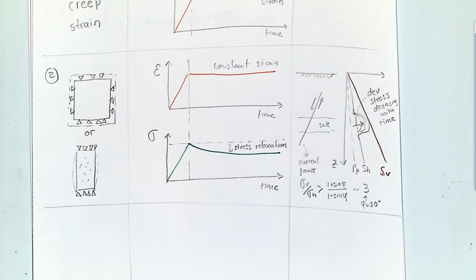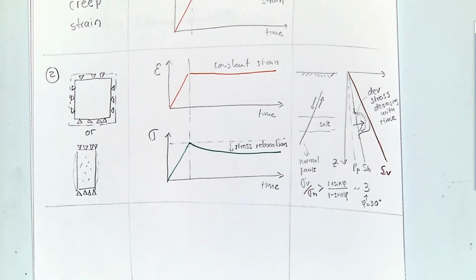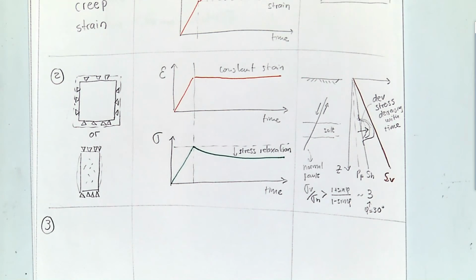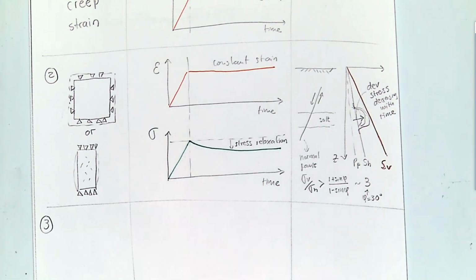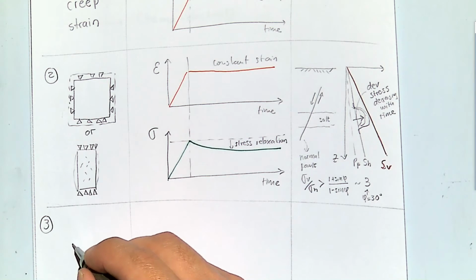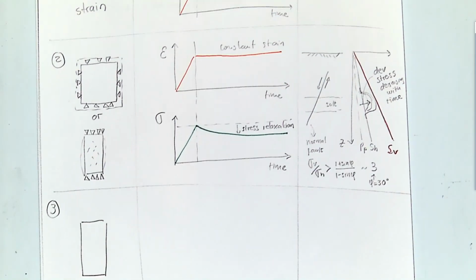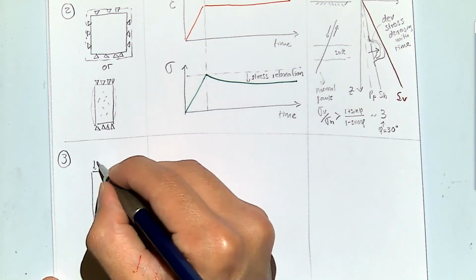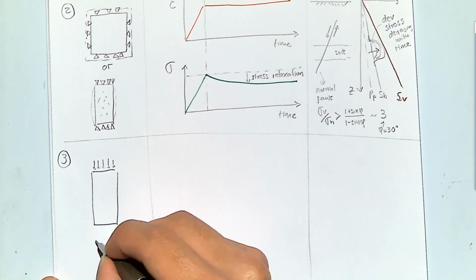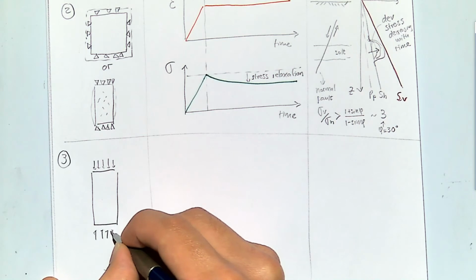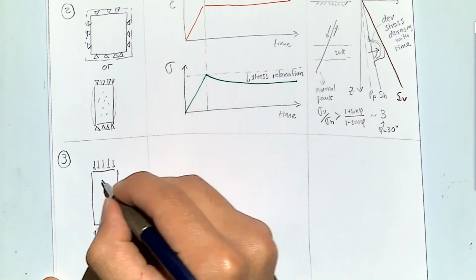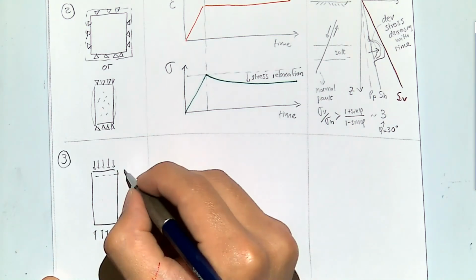And I think I have some real examples in my set of notes about this. And let's see the third one. The third one is going to be, let's do this one for a typical test of Young modulus in which we apply stress on a rock and this rock deforms.